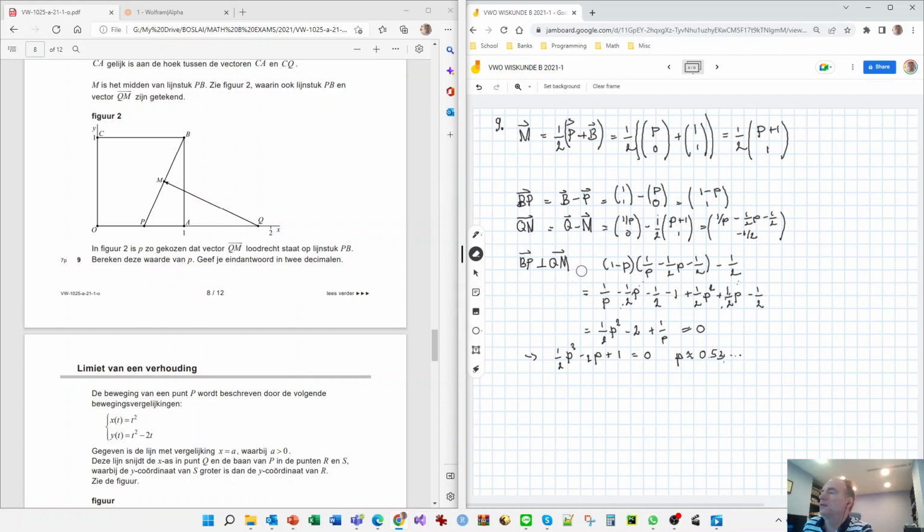What we want is the inner product, not cross product, BP, QM, is equal to this, or again you just multiply the x components plus the product of the y components, and just get 6 terms here. 1 times 1 over P, 1 times minus 1/2 P, 1 times minus 1/2, etc. Then it turns out that the terms linear in P cancel each other, and this is the final expression you get, and we set it to 0 to be perpendicular.